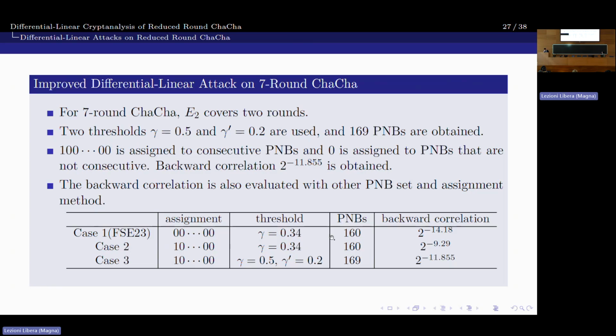We use the same PNBs as FSE 26. The correlation is better than FSE 26. Using our algorithm, we got more PNBs, 169 PNBs. We use the same method of assignment for PNBs, like Dey.